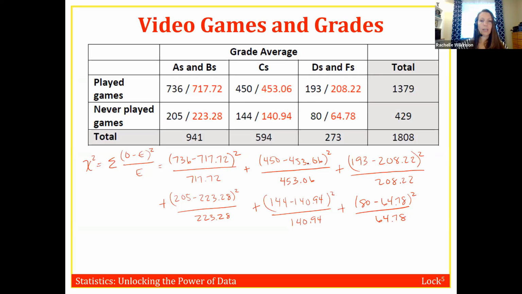All right, so I've written out the whole equation to compute my chi-square test statistic, and now I'm ready to do each piece. Each of these little chunks, I'm going to compute, and then I'm going to add those 6 numbers together.